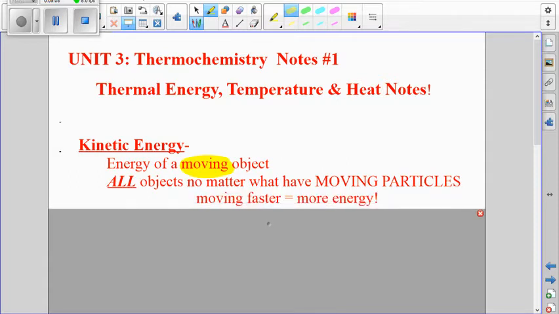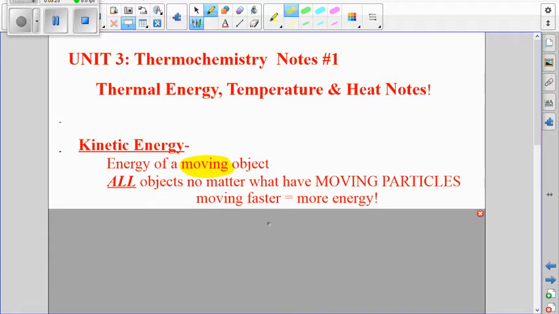And so the faster something's moving, the more energy it has. I'll slow down for a second here. You may be thinking, take your little paw, slap it on the table, I can't really feel the particles moving. No, you can't.